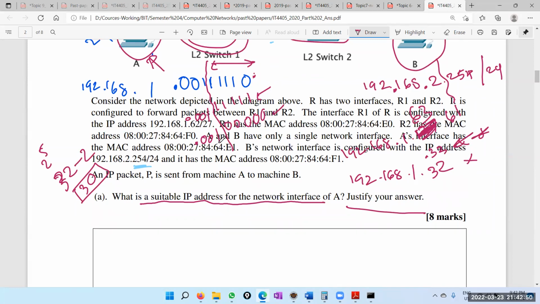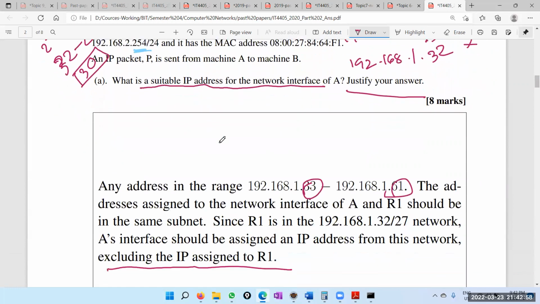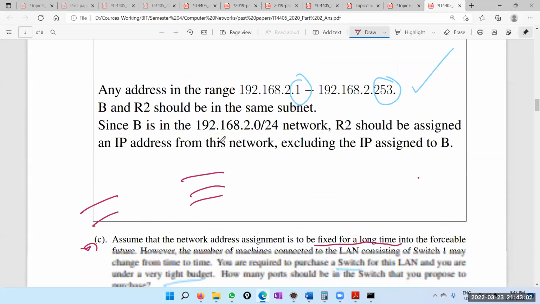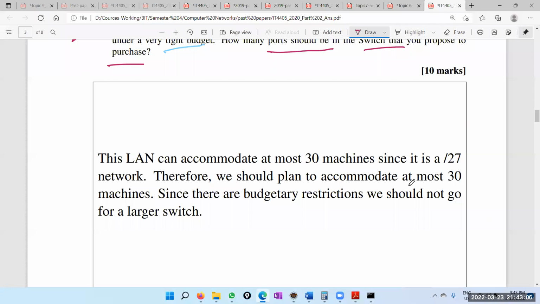Whether you change it or not, again, we have only 30 IP addresses. Therefore, we'll go for 30. What is the answer given? Is it 30? Yes. Right.